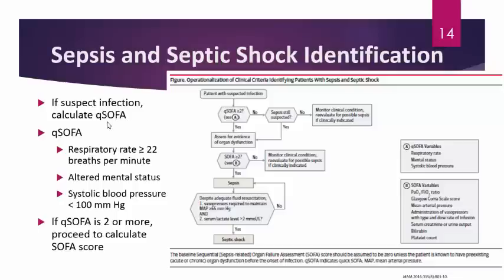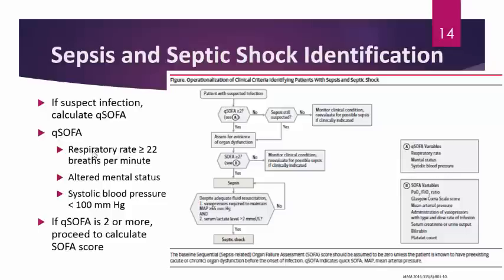SOFA stands for Sequential Organ Failure Assessment. Essentially, you're looking at a bunch of different factors that can be related to organ function. With qSOFA, they look at 3 different variables, and these 3 variables will be very important for you to know. Those are respiratory rate, mental status, and systolic blood pressure.